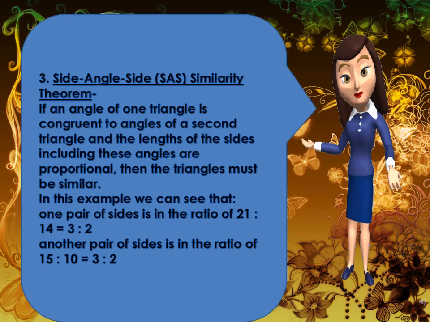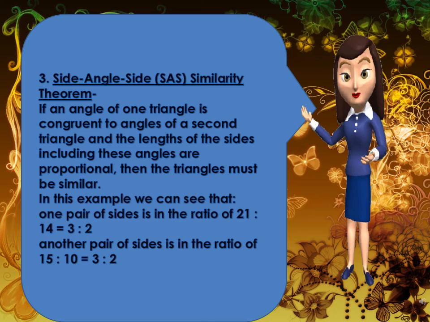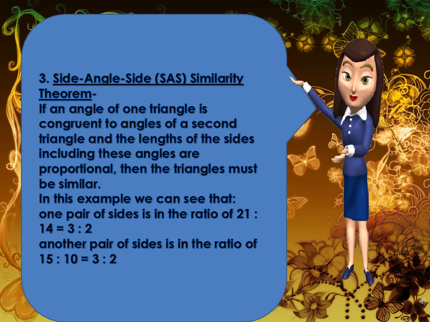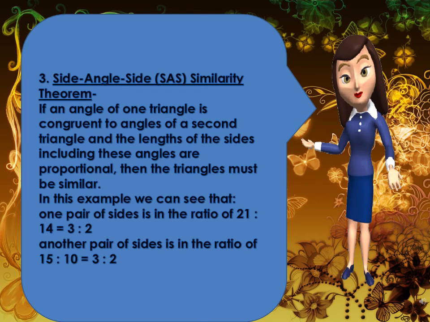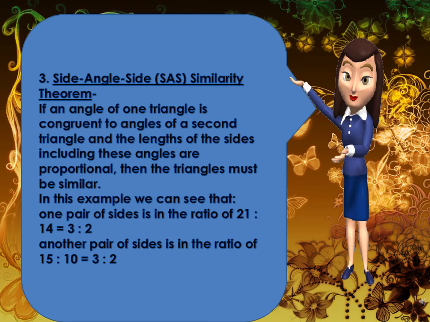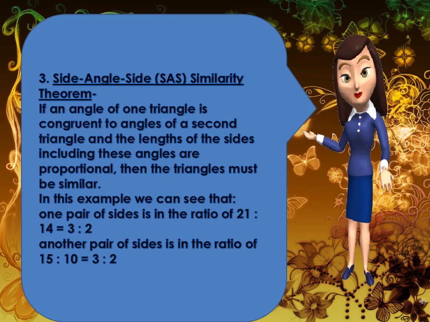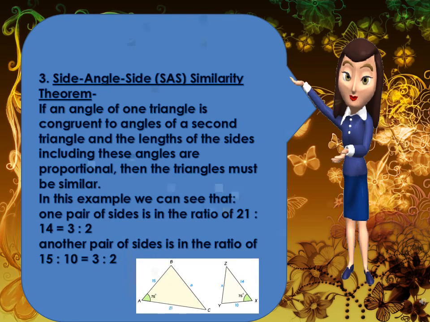Another pair of sides is in the ratio of 15, 10 equals 3, 2. There is a matching angle of 75 degrees in between them, so there is enough information to tell us that the 2 triangles are similar.